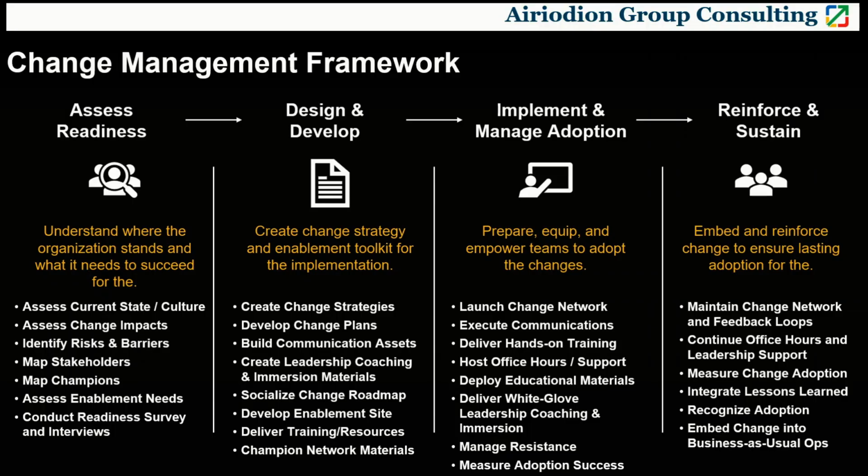We embed the new behaviors into day-to-day operations. This four-phase framework is time-bound and scalable. What does that mean? It really means that you can apply this model for a small pilot, or you can expand it enterprise-wide with the same structured cadence.